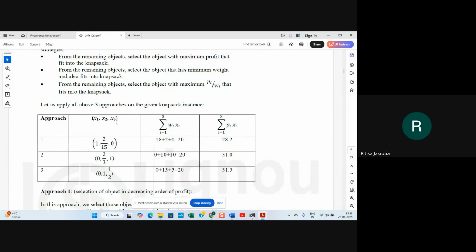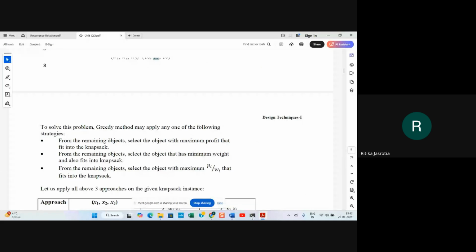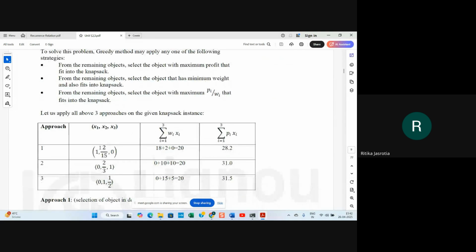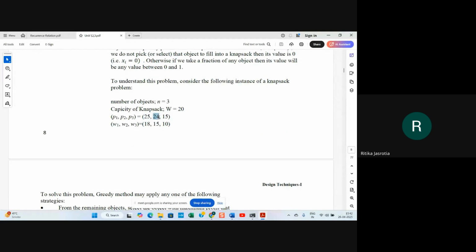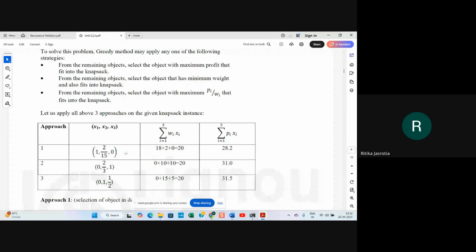So x1, x2, x3, how are we taking them? First, x1 is 1, the whole thing we are taking. From the second one we are taking 2 units only, that is 2 by 15, and from the third we are taking nothing, that is 0. That is what our x1, x2, x3 will be.